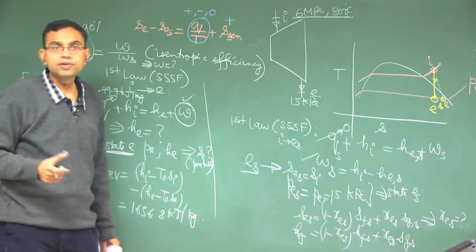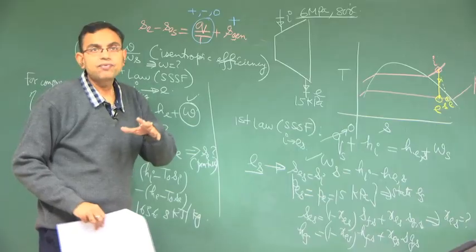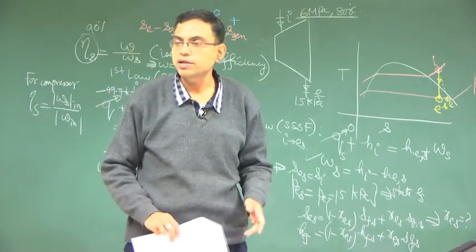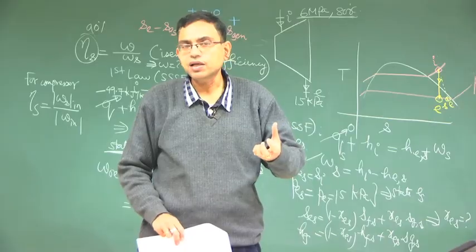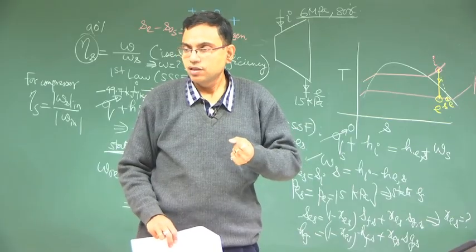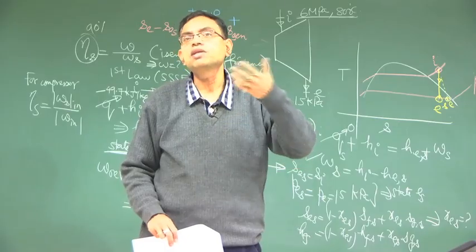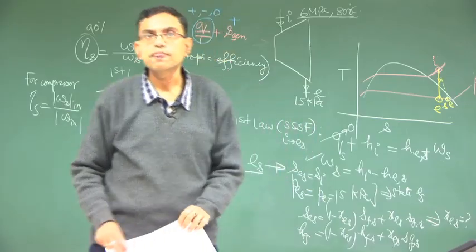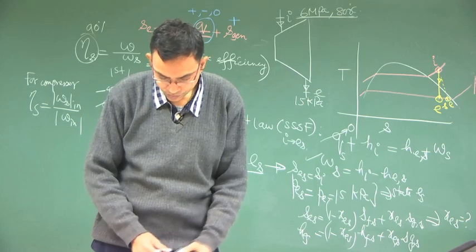The spirit of reversing the expression is that efficiency, we always have an imagination, cannot be more than 100%, but it is always a comparison between reversible adiabatic with the actual case. Which one will be there at the numerator and denominator depends on which one is more and which one is less. Okay. So, let us solve another problem.